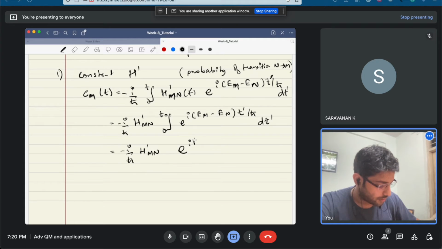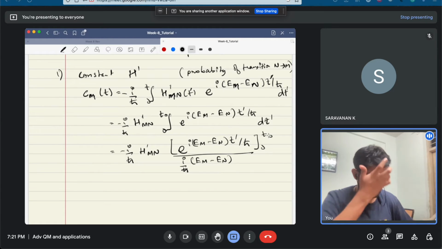You get e to the power i (Em minus En) t prime by h bar, over i (Em minus En) by h bar, from 0 to t naught.